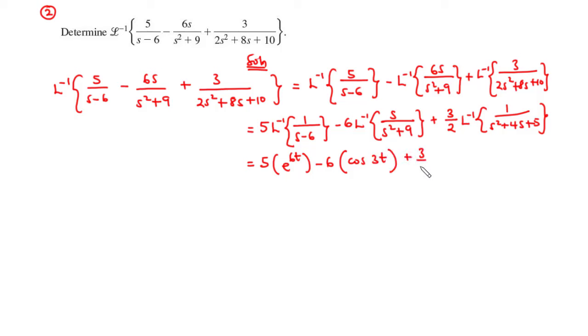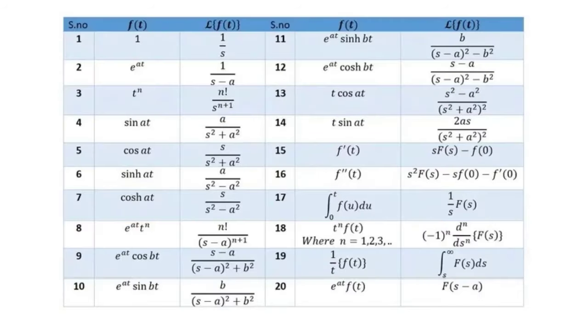of this function. Now here we have 1 over s squared plus 4s plus 5. So we come back to the Laplace transforms table, and then we look out for the transform of e to the power at sine bt. So here we have b over s minus a all squared plus b squared. So since we have this to be 1, we have the numerator to be 1, then we should represent the denominator as s minus a all squared plus b squared.